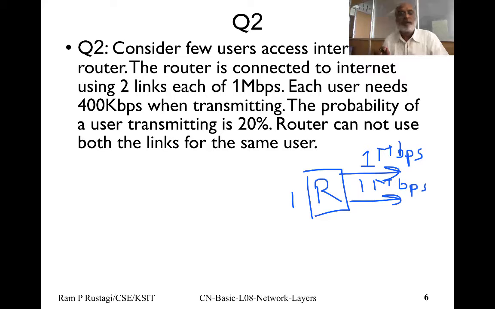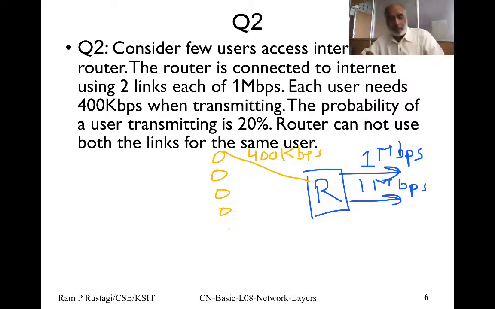And there are a number of users here. And each user when transmitting requires the same 400 kbps. But a user is active only 20% of the time.